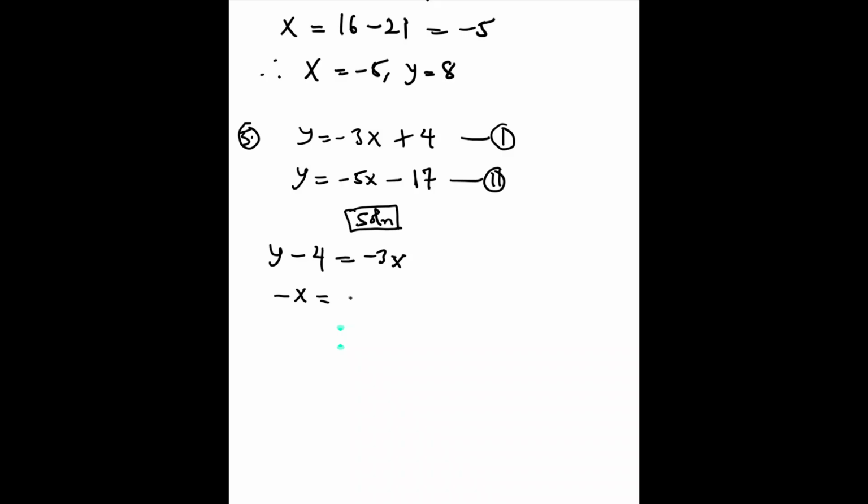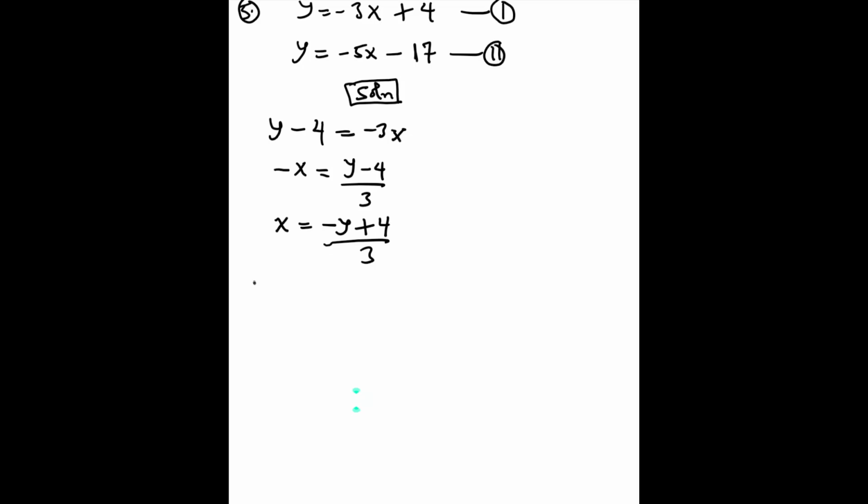Okay, so that'll be minus x equals y minus 4 over 3. Okay, and I wrote it that way because I'm still going to multiply through by minus 1, so that I could take the minus from the x. So when I multiply through by minus 1, that will be x is equal to minus y plus 4 over 3. Okay, so now I'm going to put x equals minus y plus 4 over 3 into equation 2.